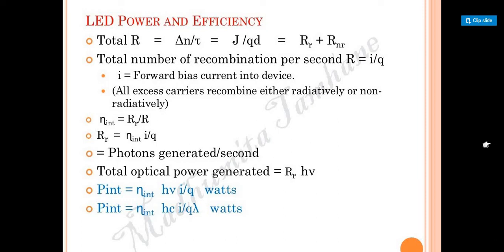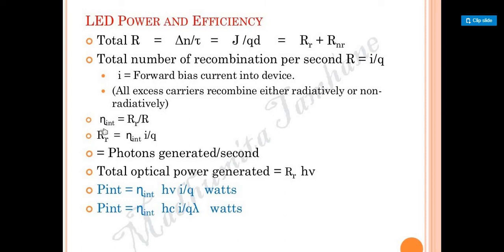If it is not taken into consideration, then it is called the non-radiative part. If you want to find the total number of radiations, that is nothing but R radiative plus R non-radiative, means it is getting the radiation pattern plus not getting the radiation pattern. If you take both things into consideration, we can find the total number of radiations.